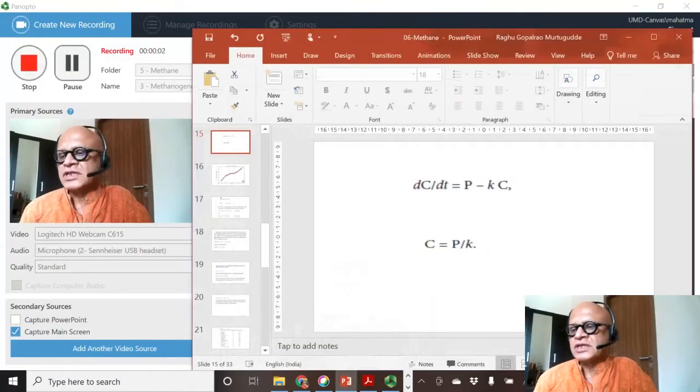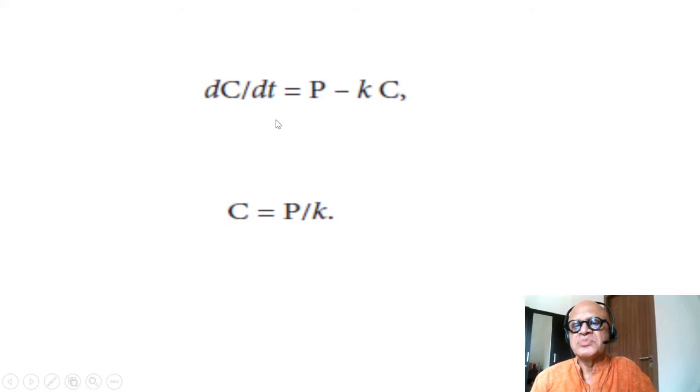Methane sources and sinks: we can write a simple equation like this, where it's the concentration in the atmosphere, let's say, which changes in time based on the production term P and the scrubbing term, or the term that sinks out the methane into other forms, carbon monoxide, carbon dioxide, or whatever, at some rate.